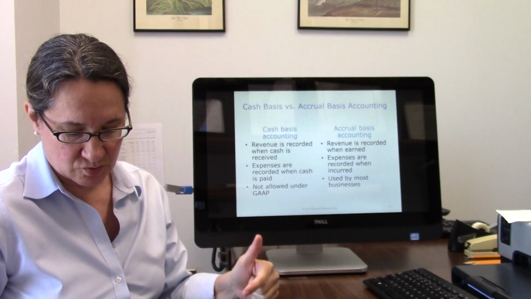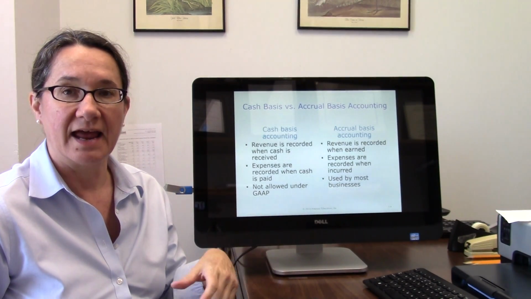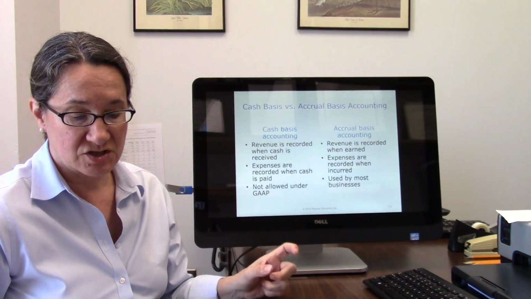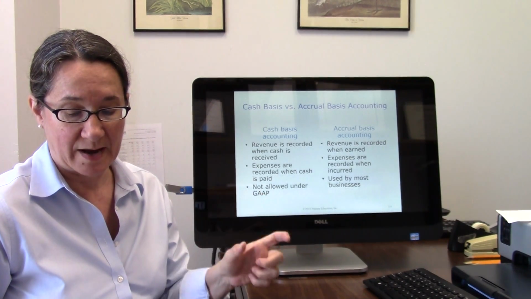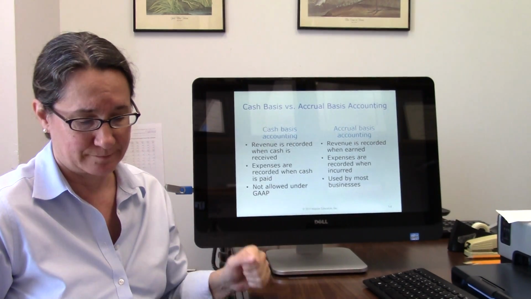There are two ways to record transactions: cash basis accounting and accrual basis accounting. Cash basis records transactions based upon the receipt or payment of cash. Right? That makes sense. If you get some cash, you write it down.